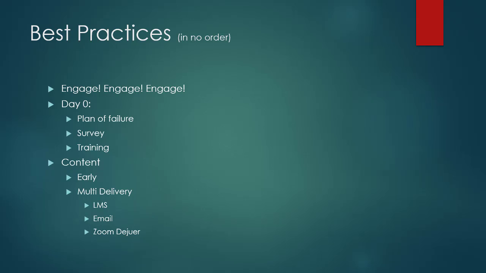Some instructors are still using email. Some make it known that you need to check your LMS every day. The LMS even has a text function within it, and I would highly advise that you train your students to use that. If nothing else, they're going to get a text saying, hey, there's something new on your LMS, so they've got access to the material.